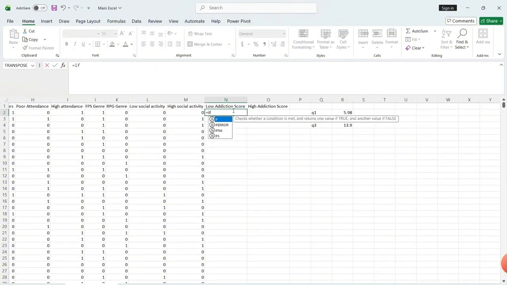As addiction scoring did not use a specific scale, we use 3 quartiles to denote low, moderate and high addiction scores.